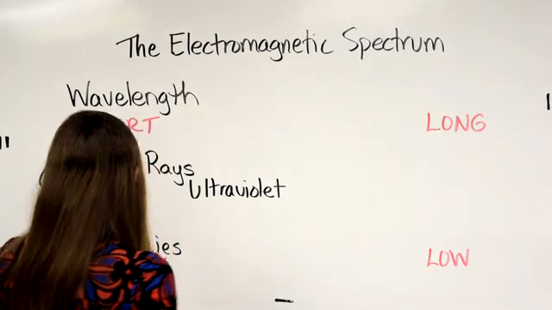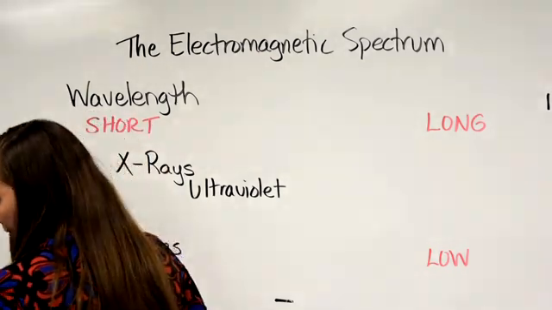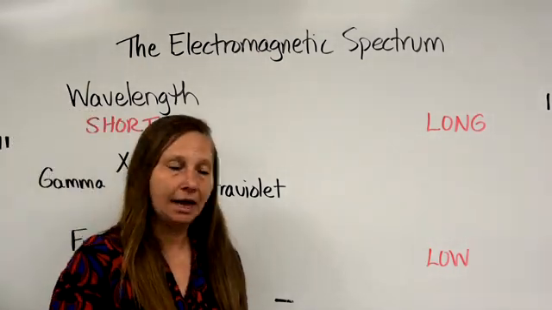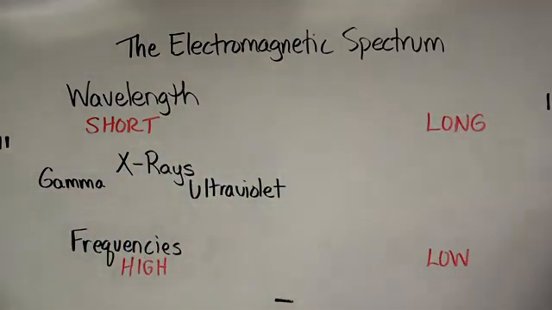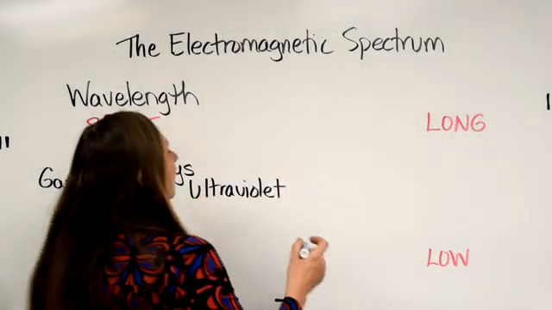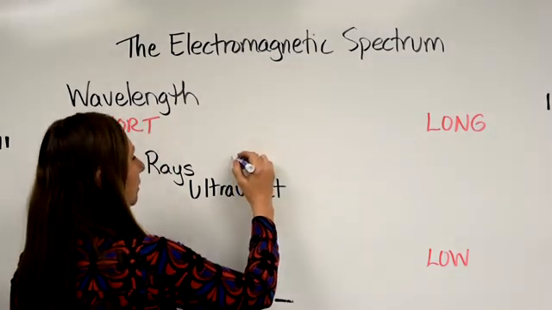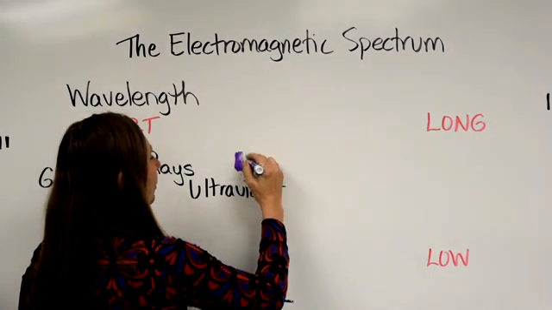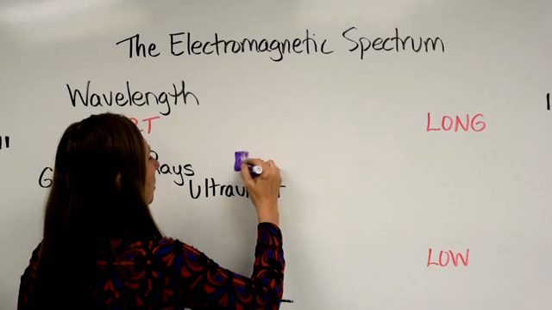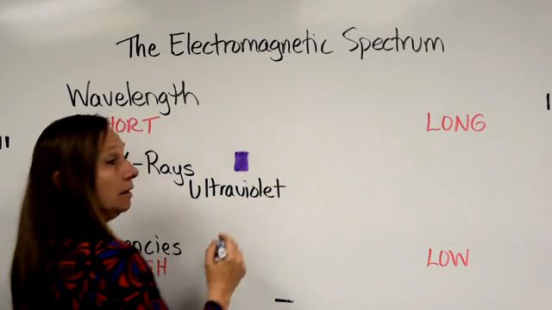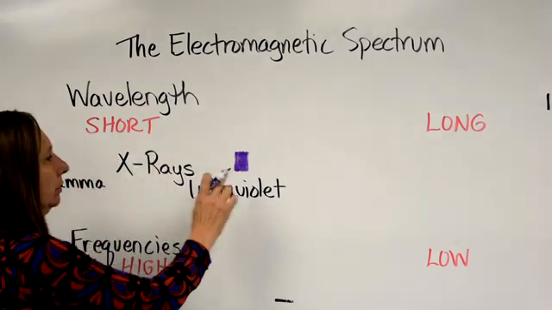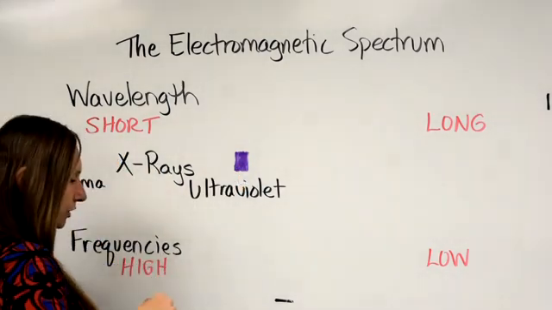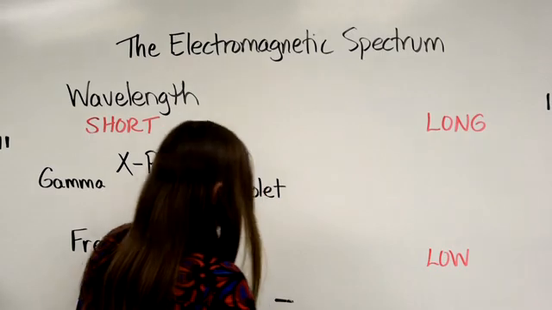Now, the next type of light is visible light, and we know that visible light is broken up into the following colors. The violet is going to be close to ultraviolet. So violet is going to have a shorter wavelength than the other ones that I'm going to put up here.